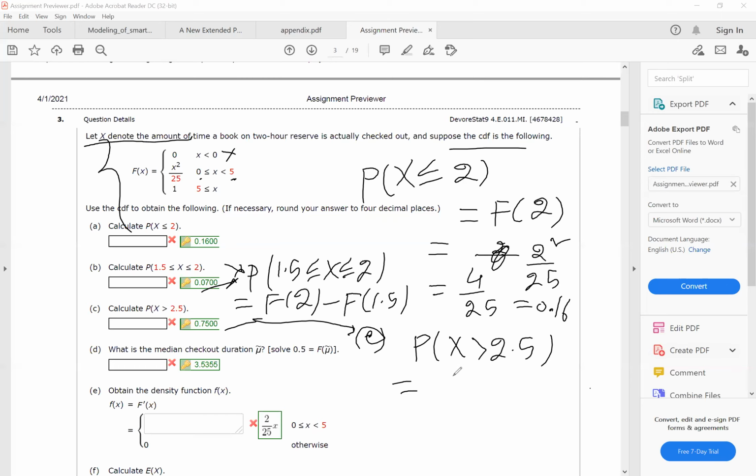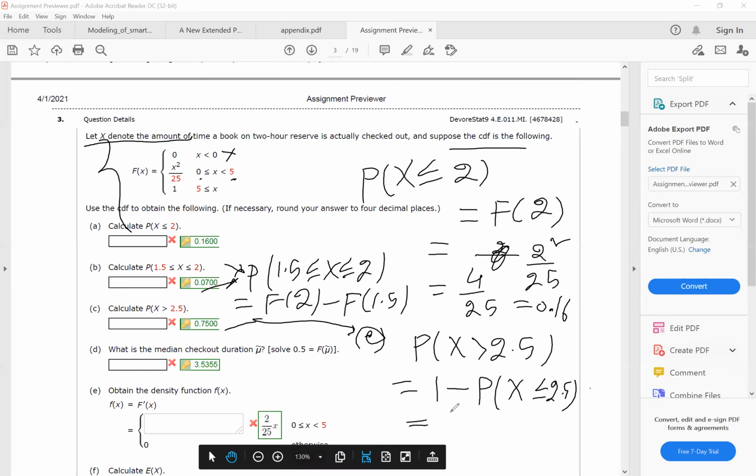So we have to use the CDF function. For this expression, we do not have the CDF function, right? X greater than 2.5. The CDF always gives you the probability when x is less than or equal to some number. So what we can do is take the complement of this one. This is just 1 minus the probability of x less than or equal to 2.5. This is 1 minus F of 2.5. Okay, any question?